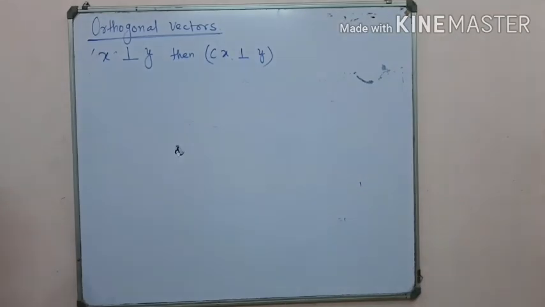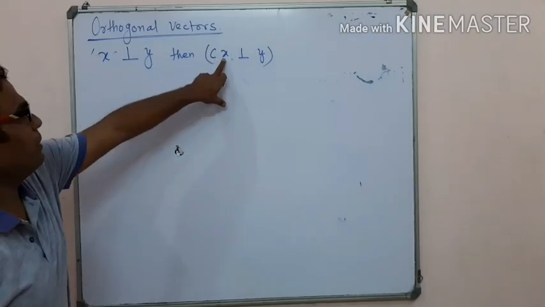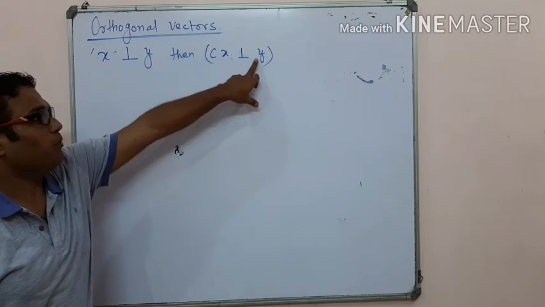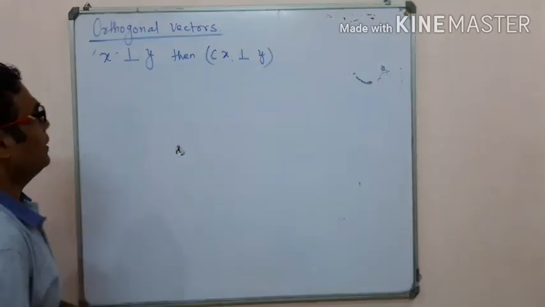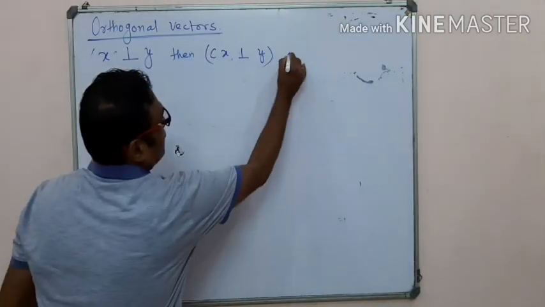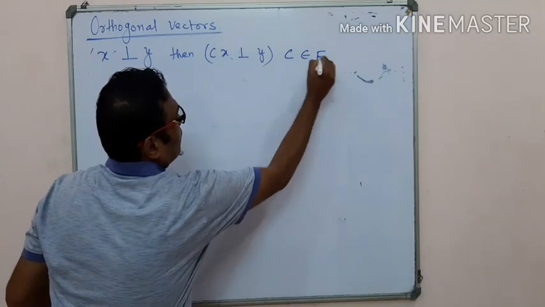This is our first remark. That is, any scalar multiplication of this vector is perpendicular to y, where C is an element of F, a scalar.